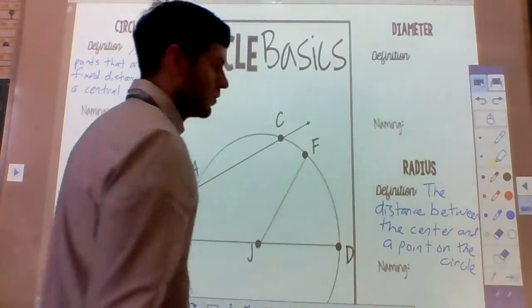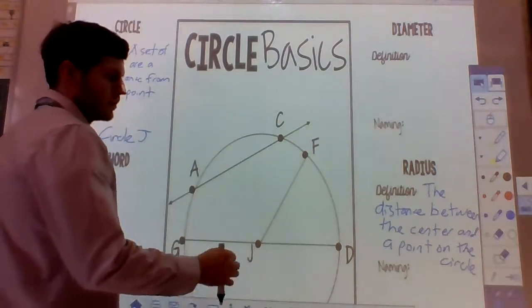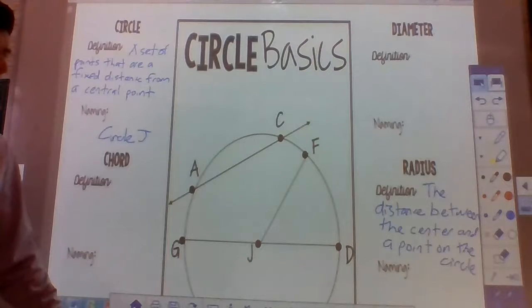So the radius is the distance between the center and the point on the circle.